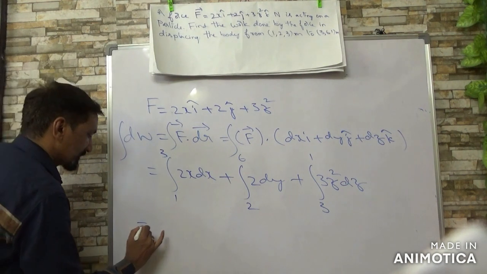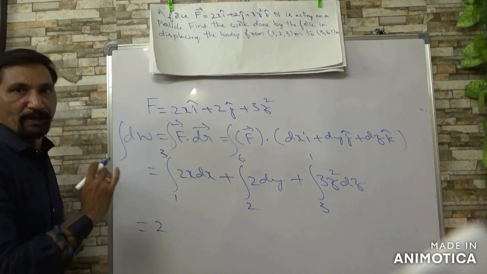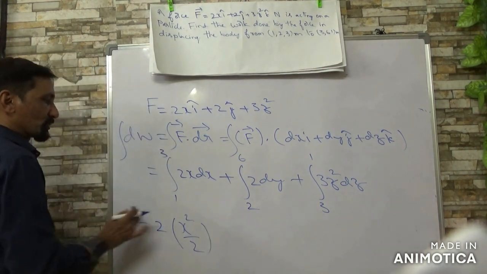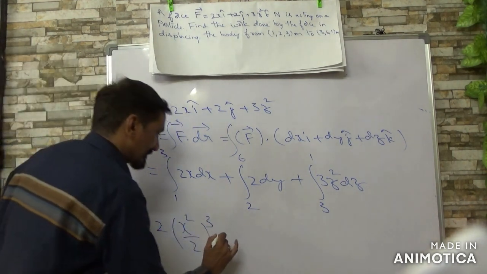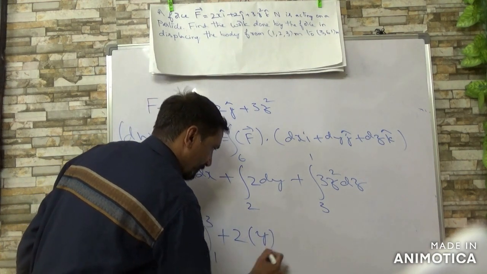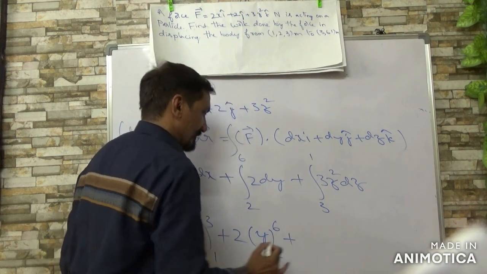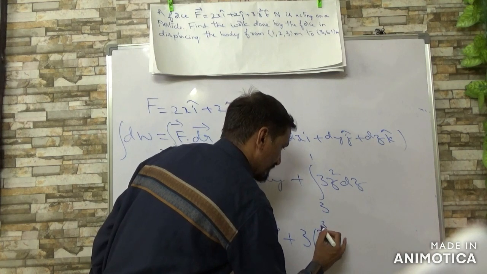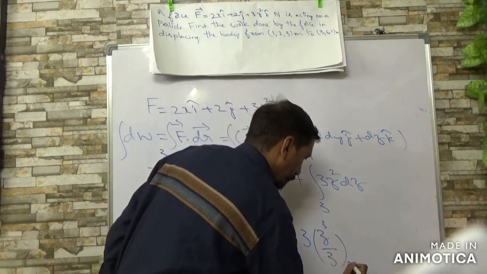Okay, so this is equal to 2 into the integral of x dx, x square by 2, limits 1 to 3. Plus 2 as it is, the integral of dy is y, between the limits 2 to 6. Plus 3 times z cube by 3, between the limits 3 to 1.